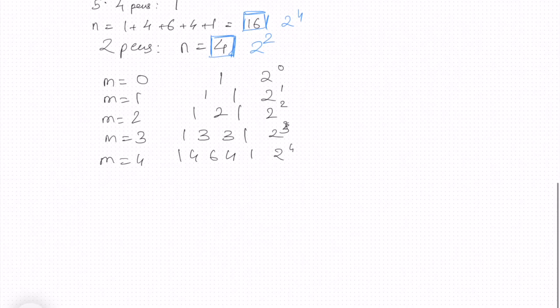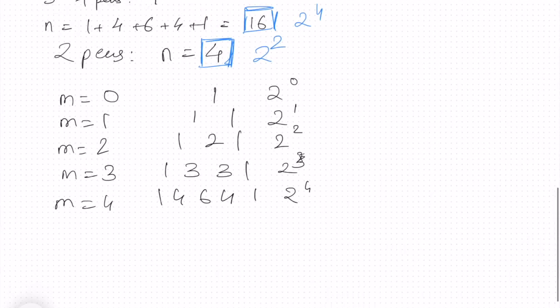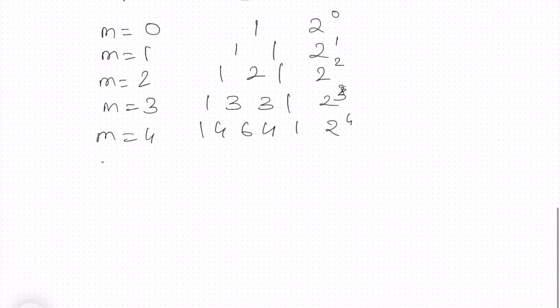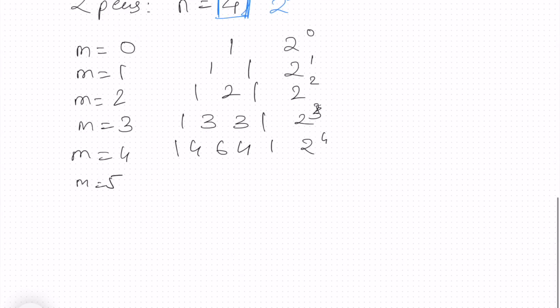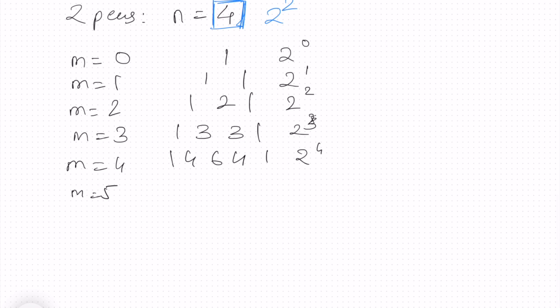Now if you see, we can also find all the individual number of ways of selecting r out of n objects, where r is less than n. So what I mean is, for m equal to 5, we can also find out the number of ways required to select, say, 0 out of 5, or 1 out of 5, or 2 out of 5.